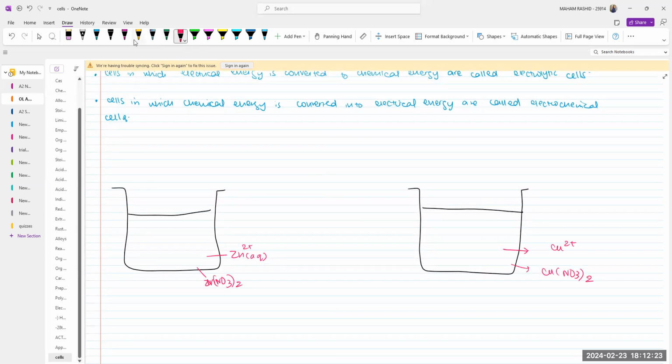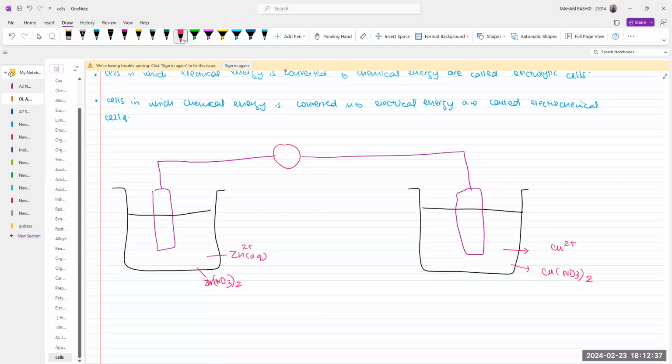And I have electrodes. Now I'm doing a chemical reaction to generate electricity. How am I going to know that I have generated electricity? I'm keeping a bulb here, or I can keep a voltmeter here to note down the reading. So I have a bulb here, and the next thing I have is a salt bridge.